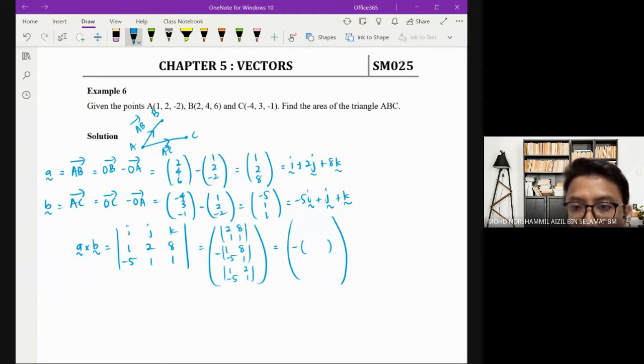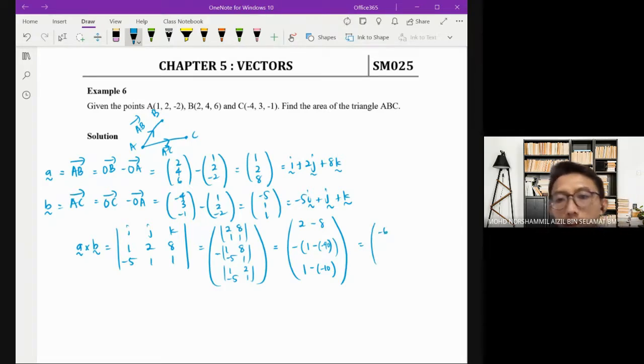The top one is easy: 2 times 1 minus 8 times 1. This one is also easy: 1 times 1 minus, a bit harder, minus 40. So this one will be 1 minus 10. Be careful. 2 minus 8, we get minus 6. 1 plus 40, 41, with minus 41.